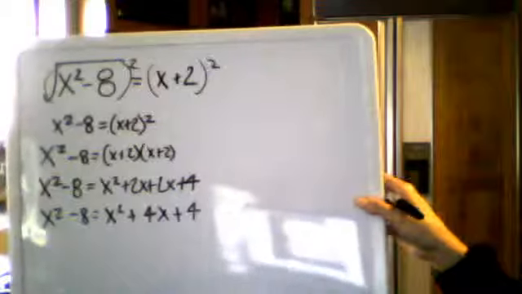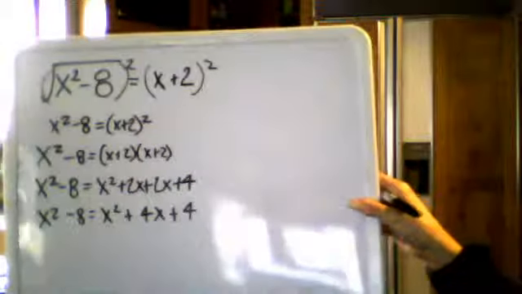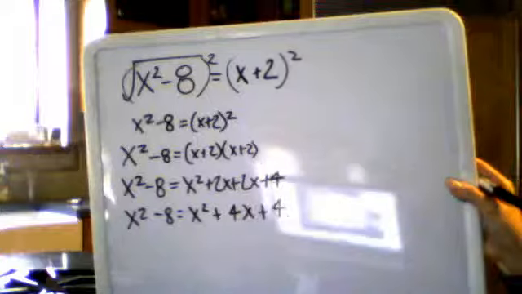So I'm just going to try to get like terms together and group them together to try to solve this as a linear equation. So I'll start off with my negative 8 and 4.